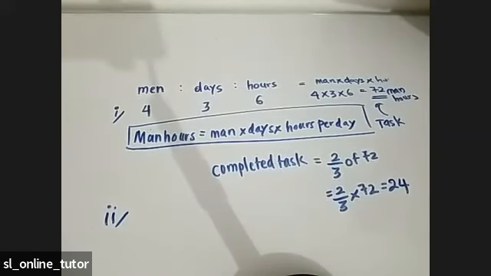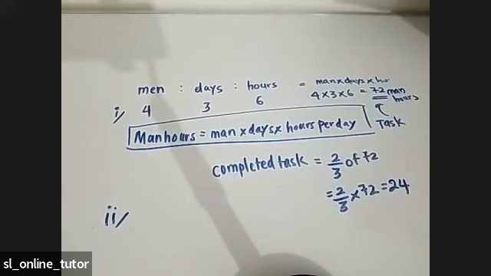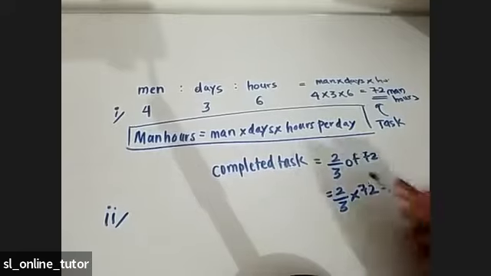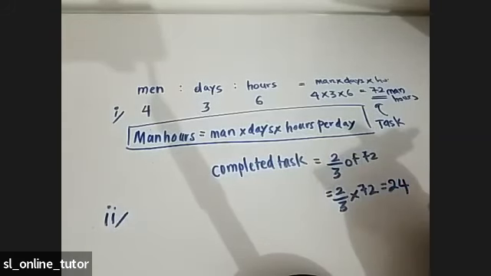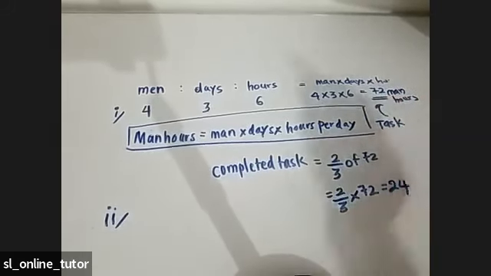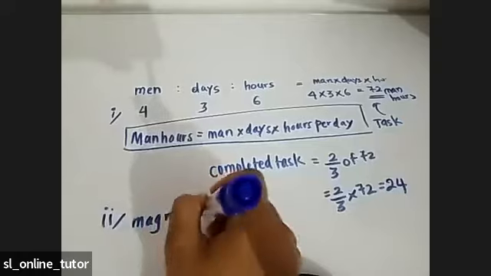Right, 2/3 of the work is done. The complete work is 3 upon 3. Completed task is 2 upon 3. So you know that complete task means 3 upon 3. So how can you find the magnitude of the complete task?